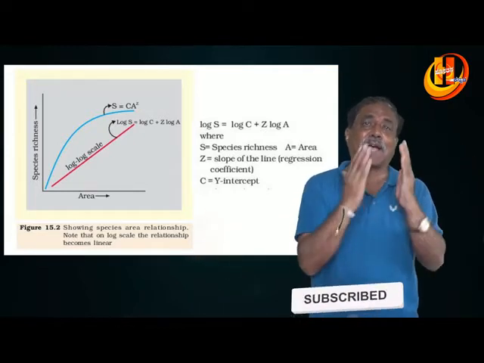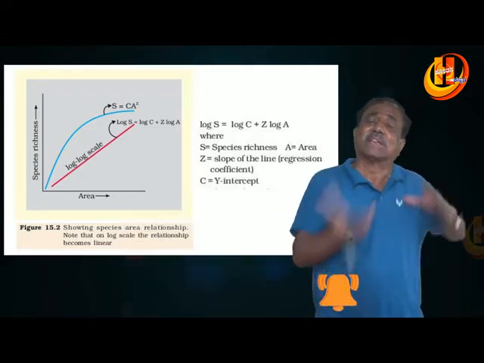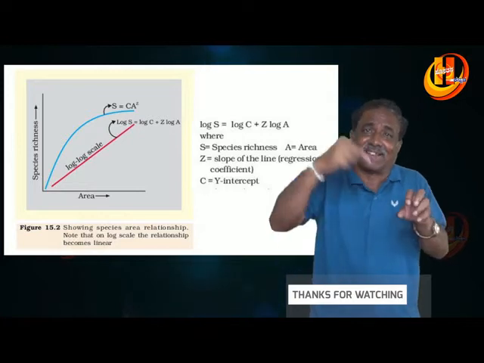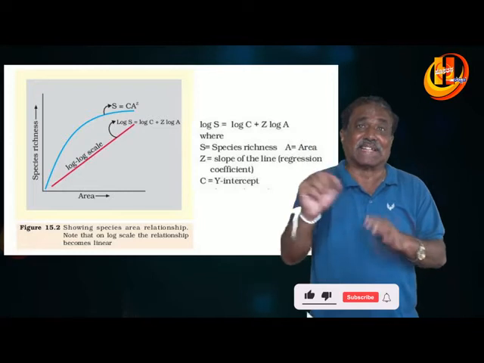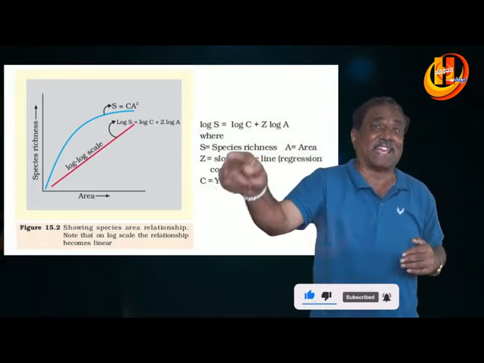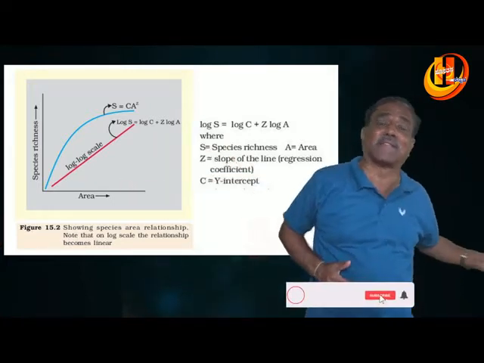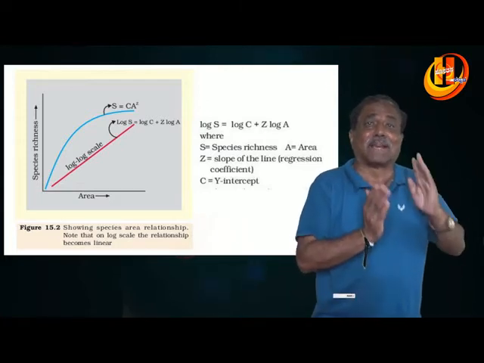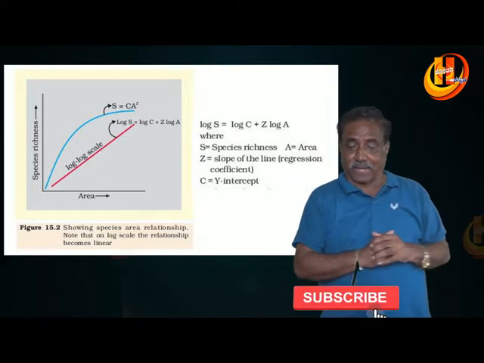So according to Von Humboldt, as the area increases, the number of species also increases. That is, log S equals log C, where C is the intercept, and Z is the slope, and log A, that is area. As the area increases, the number of species also increases. This is about log S equals log C plus Z log A according to Von Humboldt.